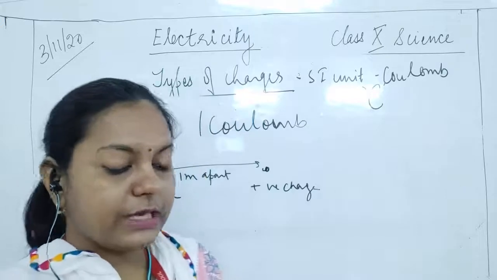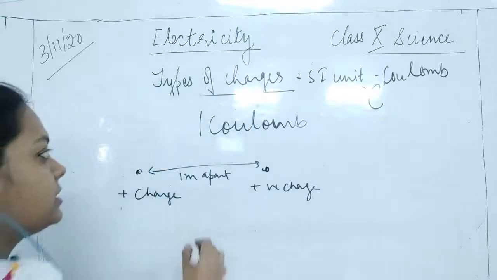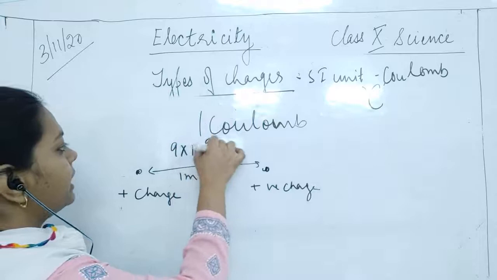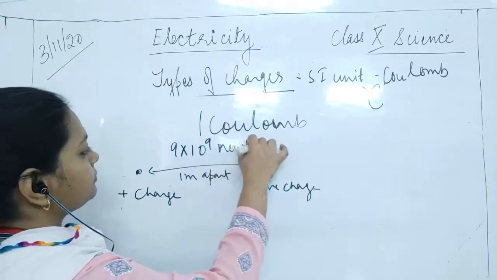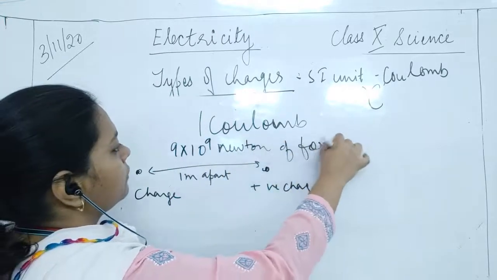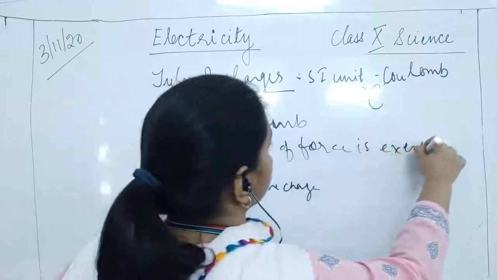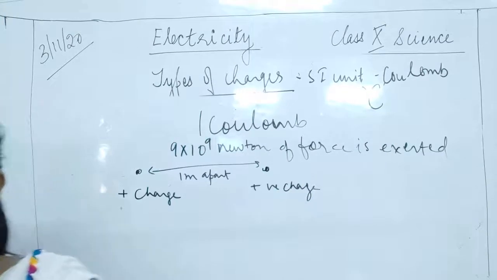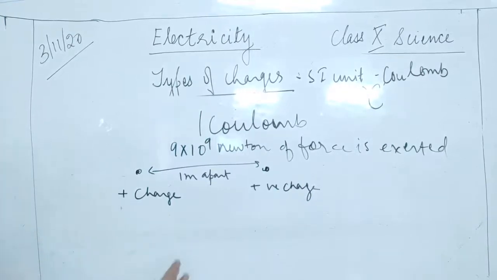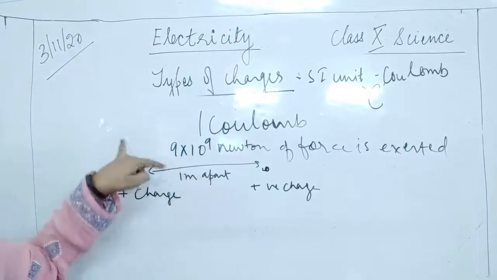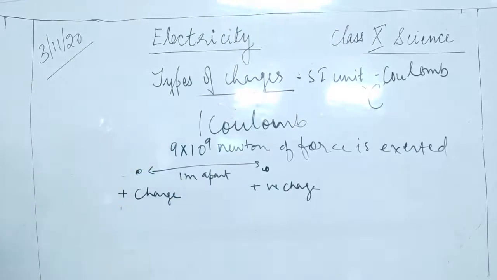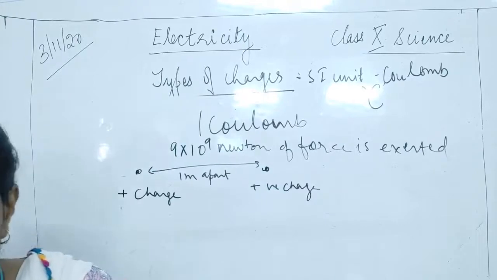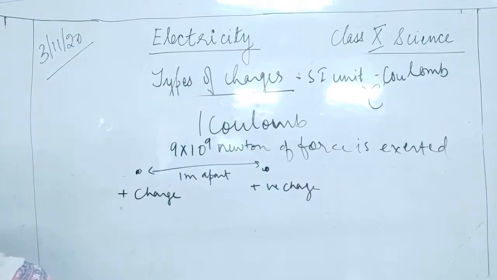So it is a force. It is the force exerted by these charges, which is 9 into 10 to the power 9 Newton. So this is said to be 1 coulomb. The distance is already fixed, and the value is fixed at 9 into 10 to the power 9 Newton, for equal charges placed at a distance of 1 meter apart.